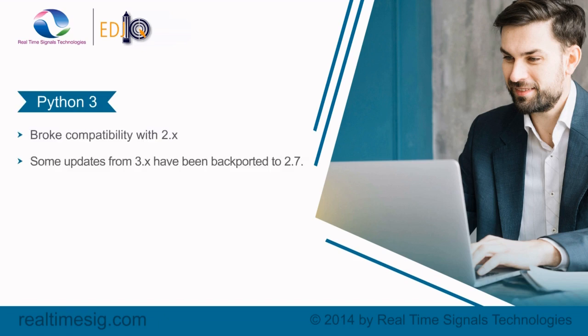Python 3 intentionally broke backward compatibility with Python 2 in order to make things better. Most modules have now been updated for Python 3. You should be using Python 3 by default for any new project you start.